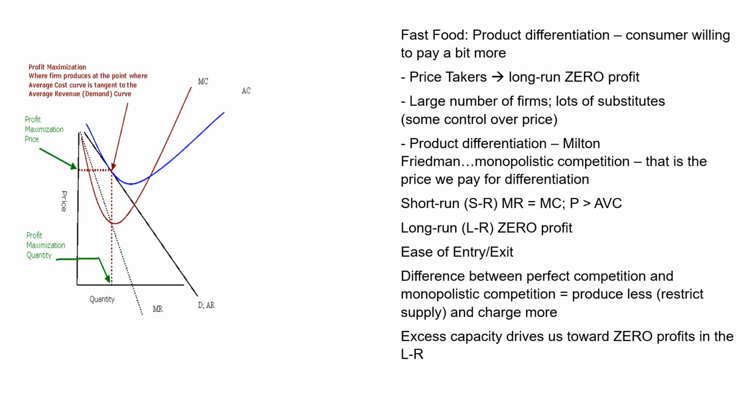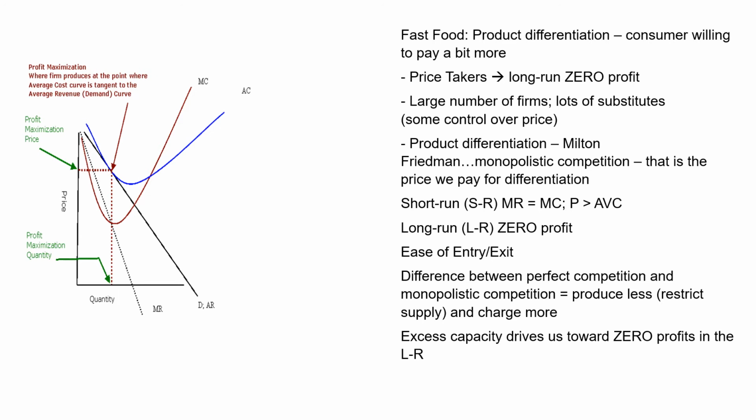So our example of monopolistic competition or imperfect competition would be fast food, where there's some product differentiation and consumers are willing to pay a bit more for it. Just a real quick example would be, again, fast food, Wendy's versus McDonald's. If there is a premium at Wendy's, I'm not sure about that, but there's a distinction. There is some differentiation in terms of the shape of the hamburger, right?